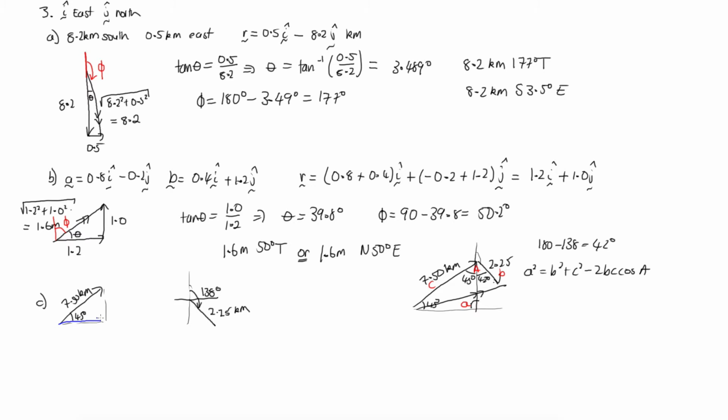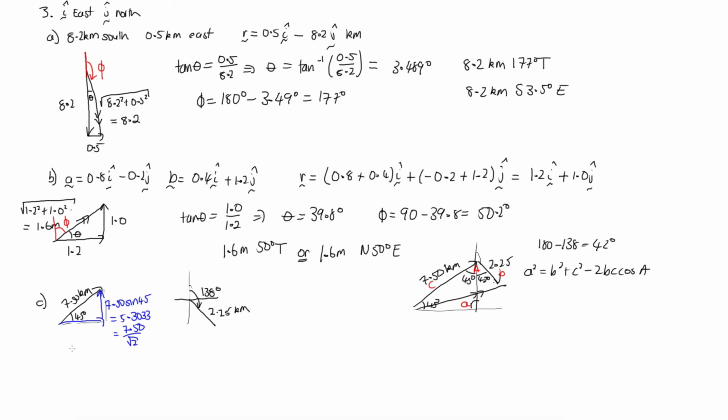So we can break this one here into two components. Here this is opposite our angle, so this is going to be 7.50 sine 45, which we can solve on the calculator, and we get 5.3033. Or if you know trigonometry well, you might recognize that that's 7.50 over root 2.